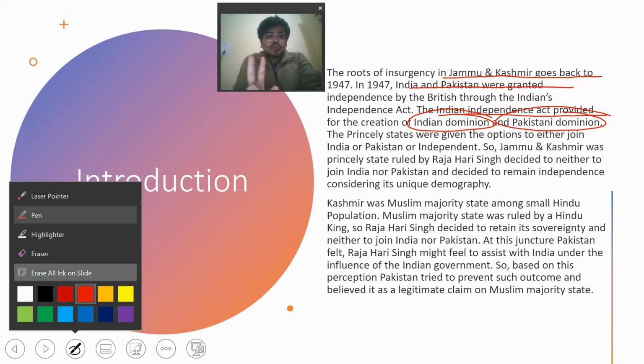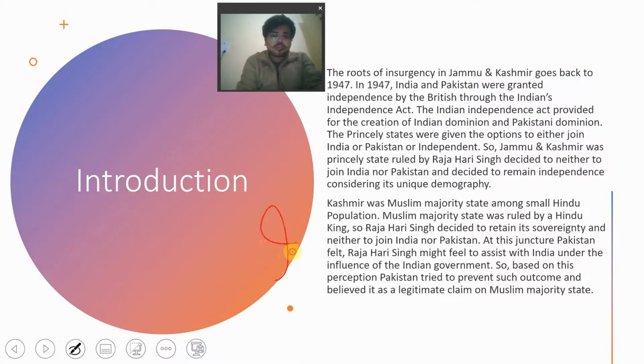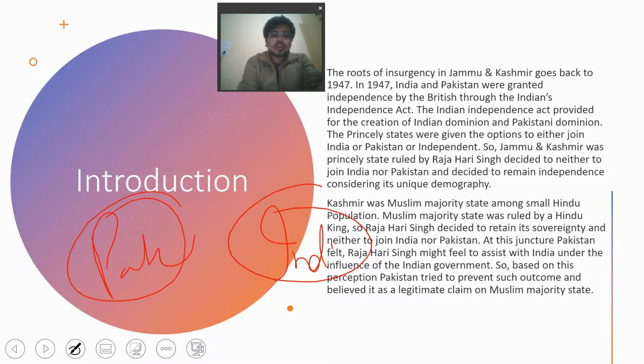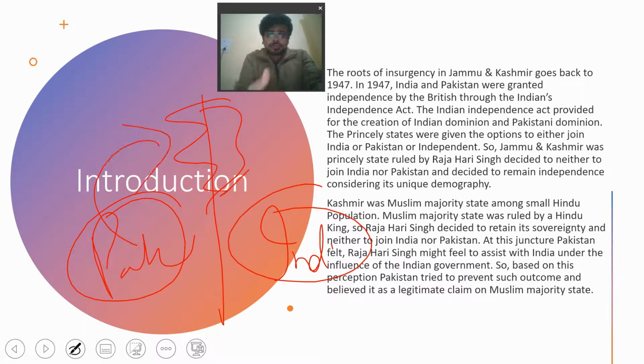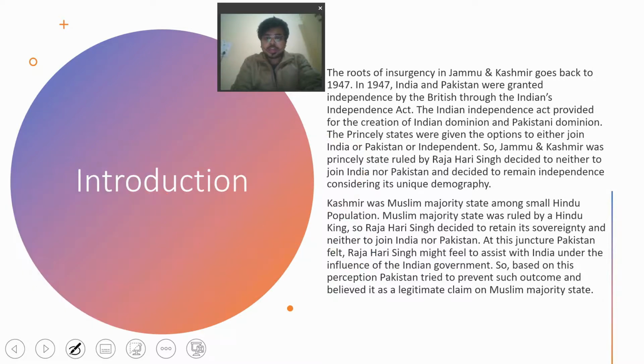Between these two, the Jammu and Kashmir issue lies, because Pakistan wanted to occupy the region and India also wanted to, but initially Jammu and Kashmir was left aside. It was included neither in Pakistan nor in India, and stood as an independent territory.